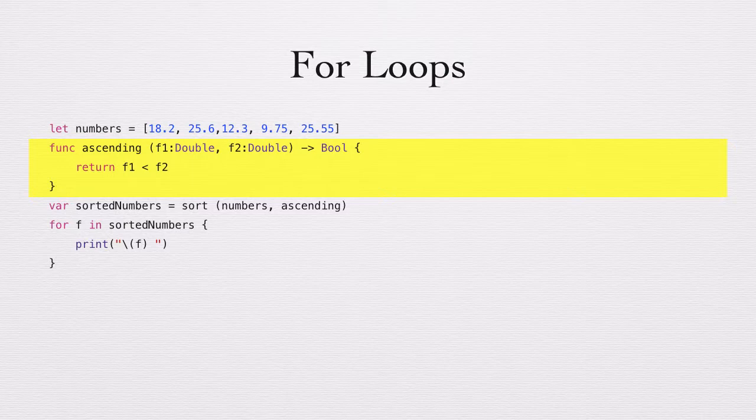We will send this function type as a second parameter to the sort function. The sort function takes the two parameters that we have created so far and returns a sorted array that is assigned to the variable called sortedNumbers. The program now prints the elements of the sortedNumbers array to verify that they are indeed sorted in ascending order.